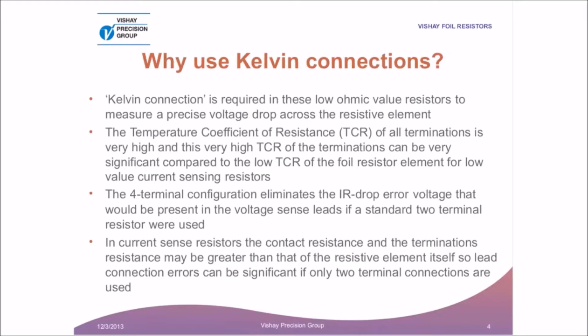Okay, so why use Kelvin connections? Of the commonly used methods of measuring the magnitude of electrical current, this current sensing resistor method provides the most accurate measurement. According to Ohm's law, V equals IR. The voltage drop measured across a resistor is proportional to the current flowing through the resistor.